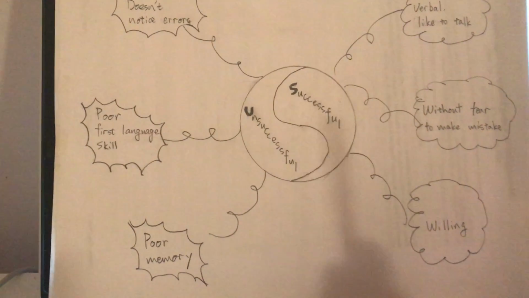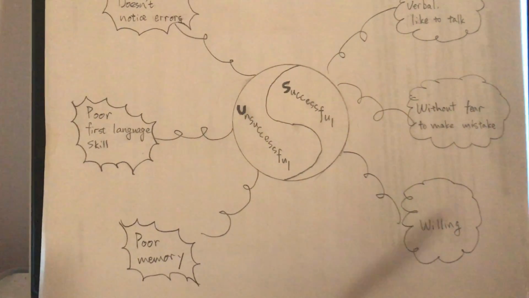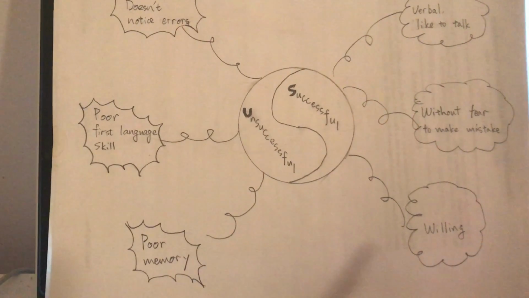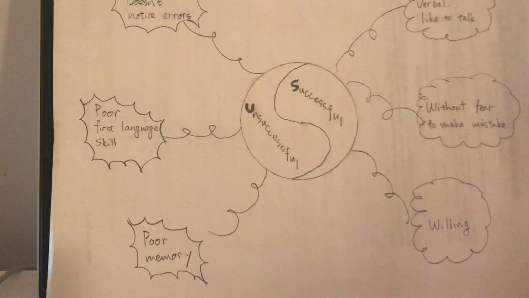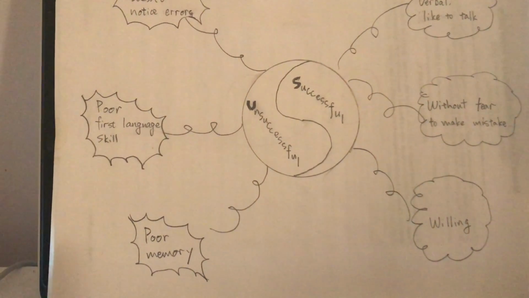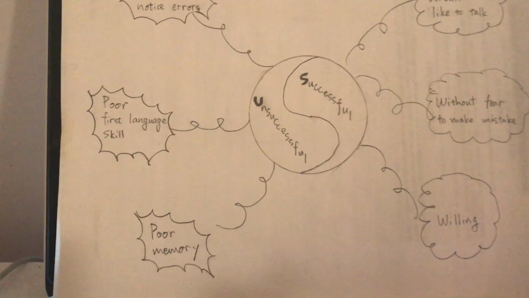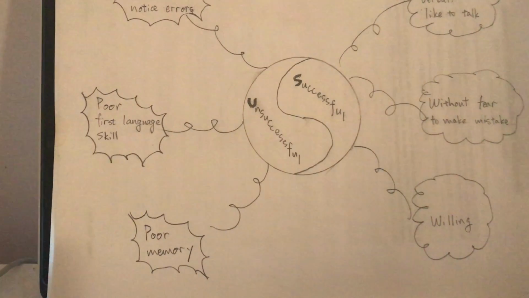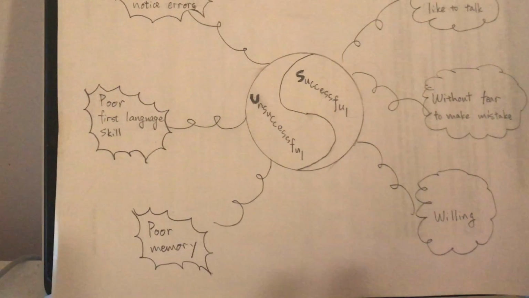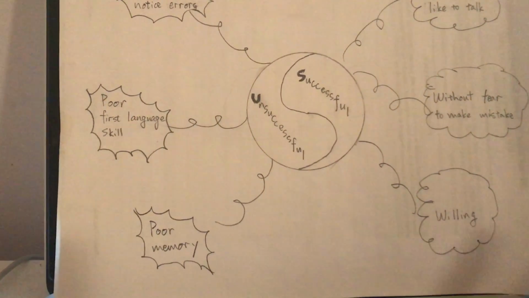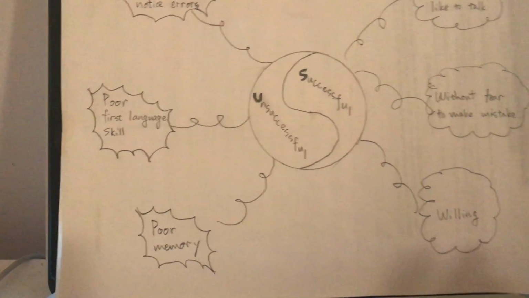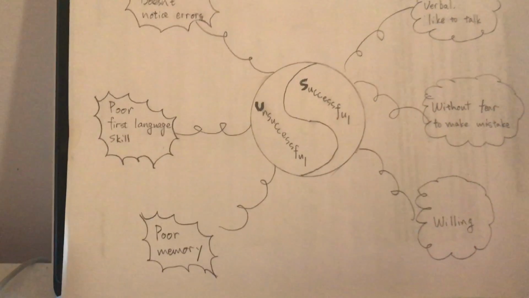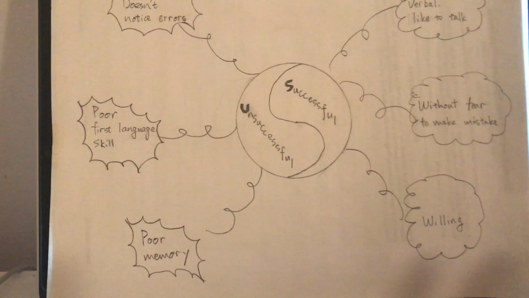Okay, and the final one is willing. Willing, what is willing? Willing is the motivation to be a successful student. No matter how good the conditions the students are in, no matter how good the parents are, how good the educators are, if the students do not want to be successful, then they will never be successful.